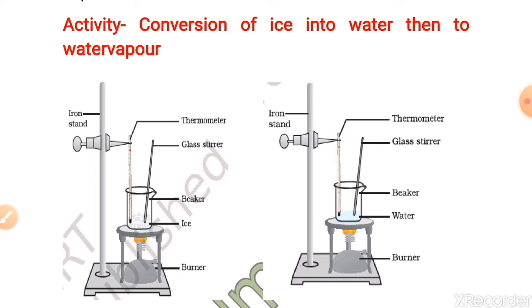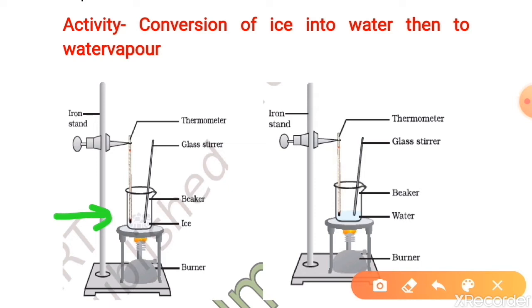So here in this activity, we have taken some ice in a beaker and we are heating it. When you heat the ice, you will observe that the temperature in the thermometer increases rapidly and the rise in temperature will occur till it reaches the level of 0 degrees Celsius.